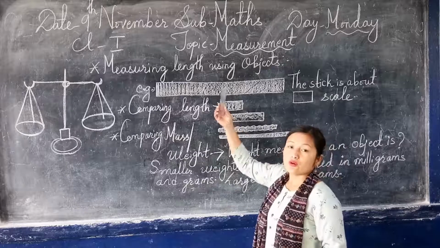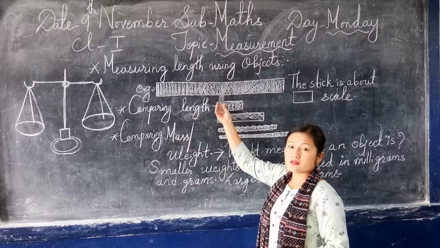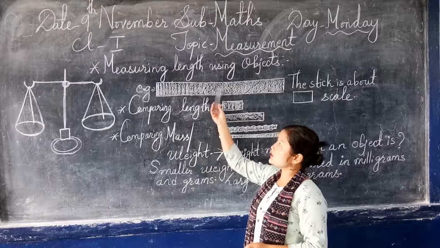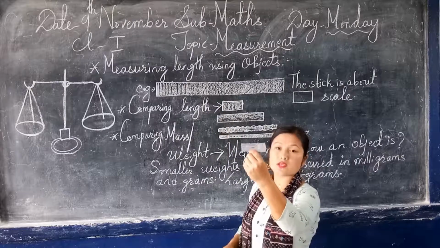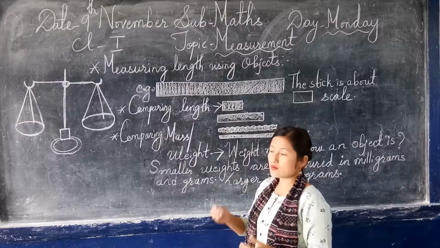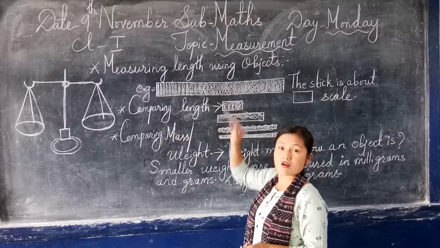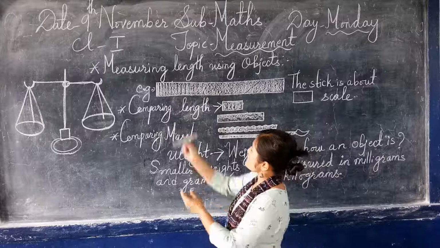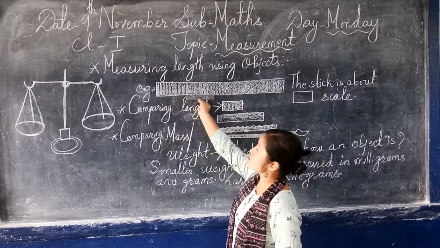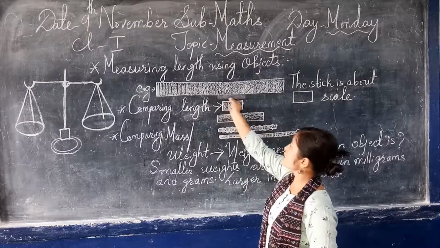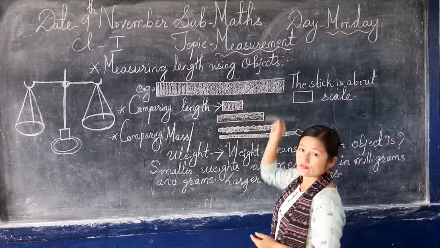You can see here this is a stick, a thick stick. I will measure with this small scale, and you will see how long this object is. You can see here 1, 2, 3, 4, 5.